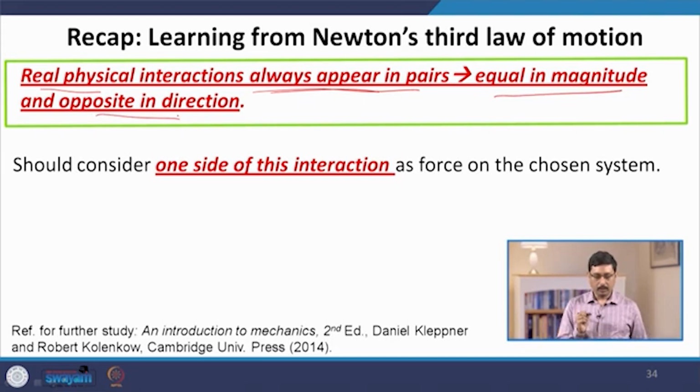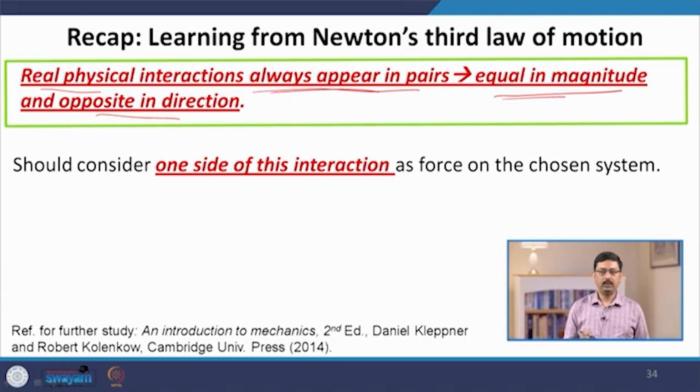Now, I point out here that when we analyze a mechanics problem, a common misconception is to consider both parts of this interaction. This is usually incorrect.